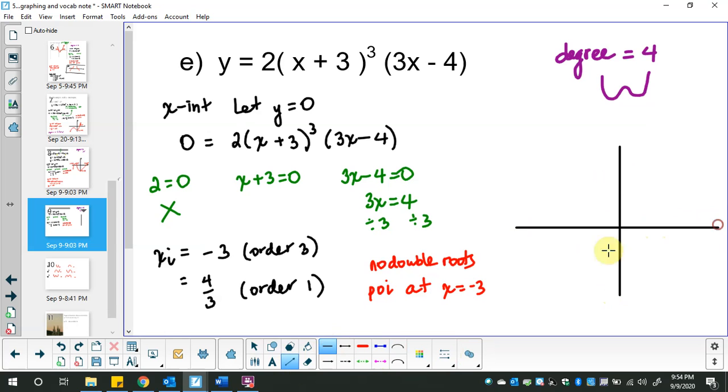Let's see what I can do for a picture. So -3, oops. Let's keep my coloring. -3 labeled. 4/3 labeled. Oh, this one's going to be a pain.